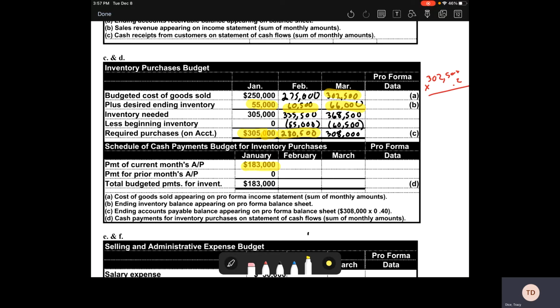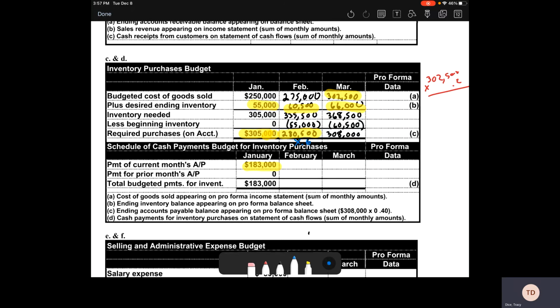All right, so let's look at February. We've got 280,500. And we're taking 60% of that, which when we take that times 0.6, we end up with 168,300. And now we've got to figure out the rest of January.